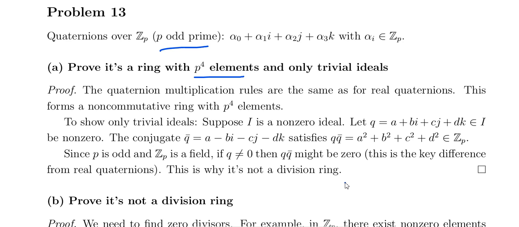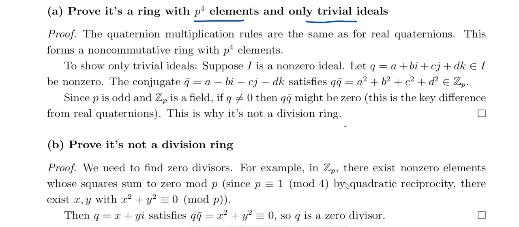This also contains only trivial ideals, and the set of all 2 by 2 matrices with rational entries also has only trivial ideals. Okay. And also it is not a division ring.